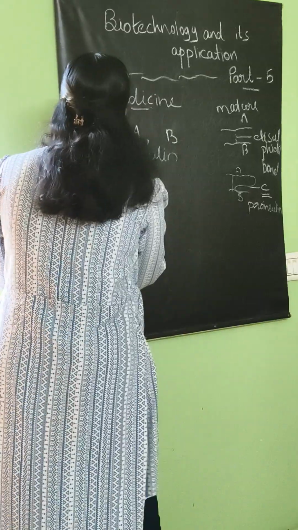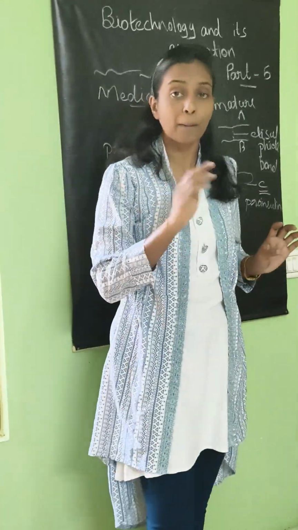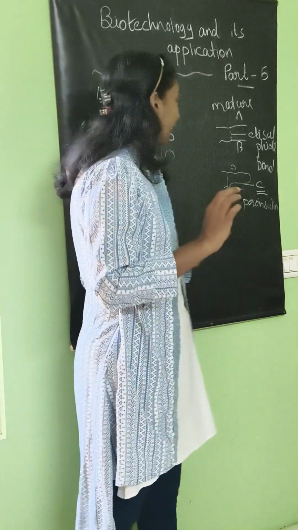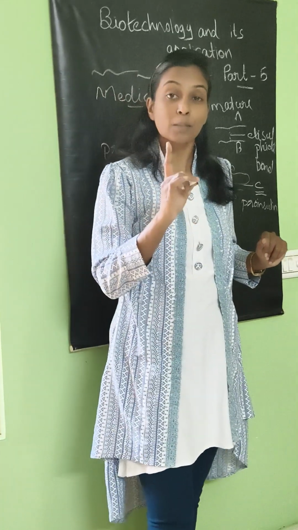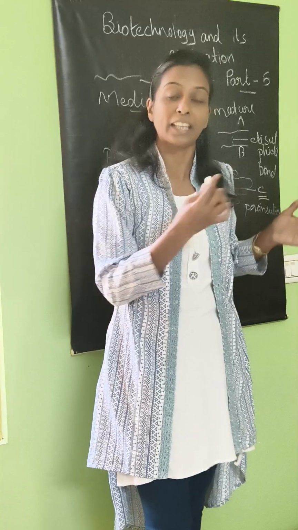Now, one company is the Eli Lilly company. This company is from America. The scientists decided that we can make insulin from the human body itself. What they did was extract the gene responsible for polypeptide chains A and B, and they inserted that gene into the bacteria Escherichia coli.